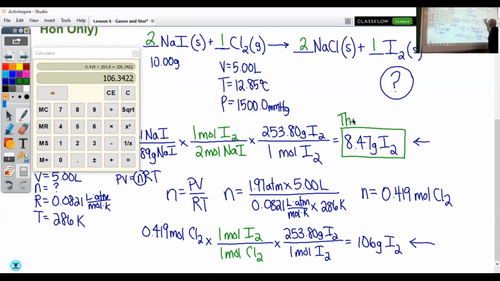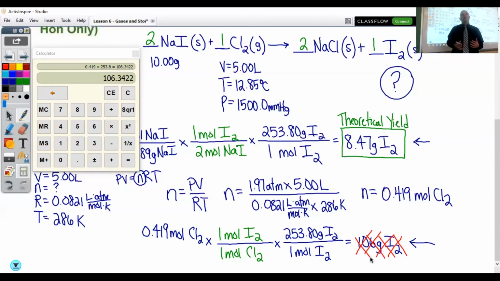The smaller amount is our theoretical yield. We will never get up to 106 grams of I2 because once we reach 8.47, all of our sodium iodide, the original 10 grams of it that we had, are used up. So this never happens. So let's cross this out so we don't accidentally use it anywhere else in our problem.